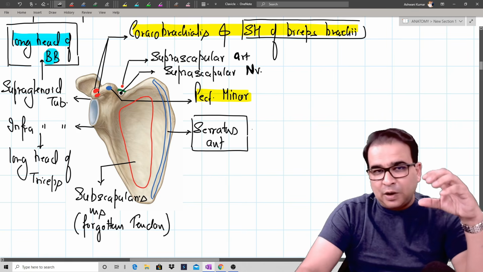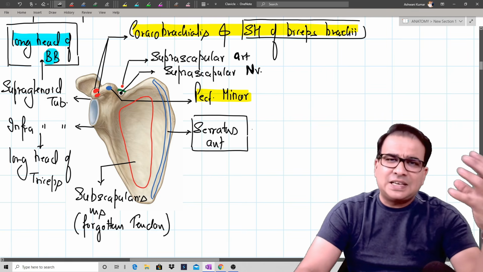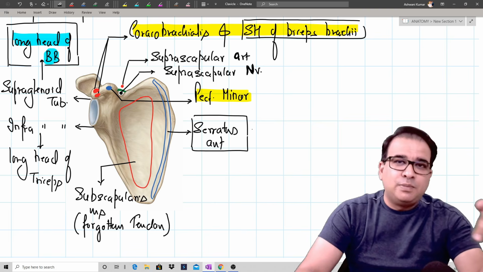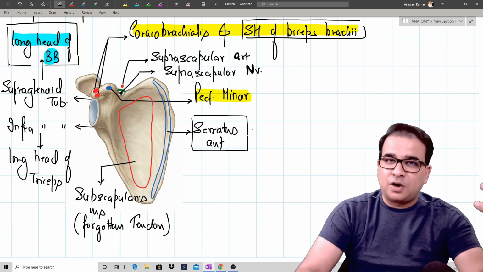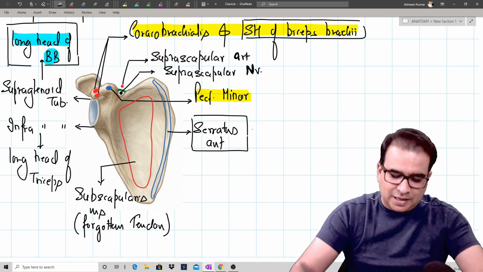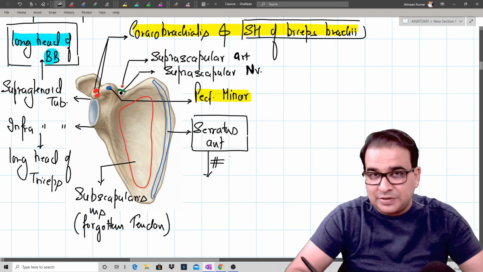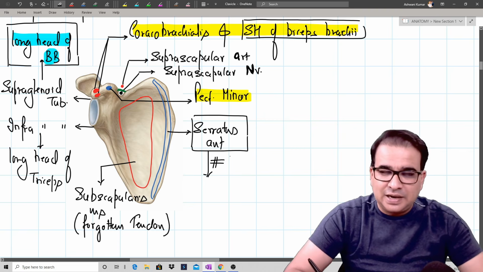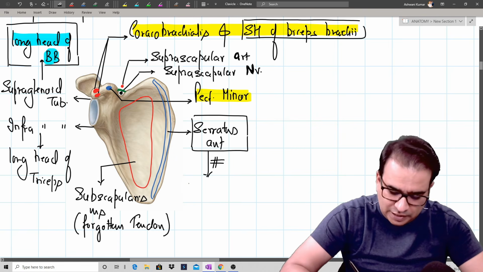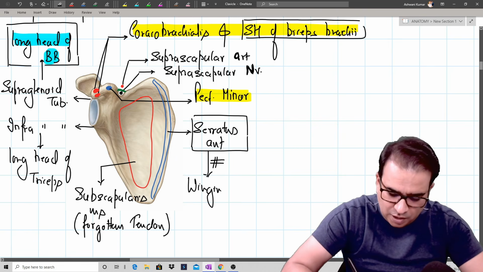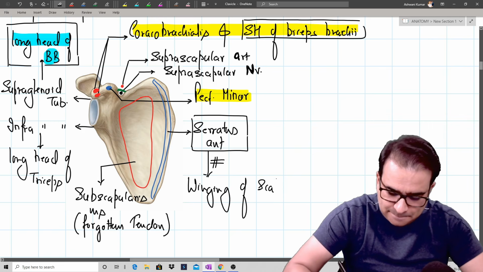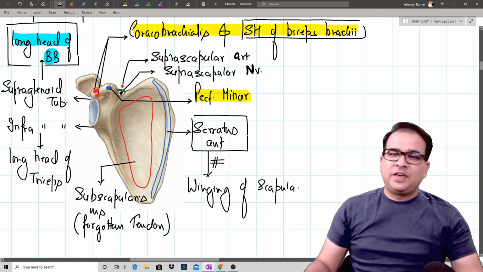Because the serratus anterior has such an extensive insertion along the medial border of the scapula, it keeps the medial border of the scapula intact with the thoracic cage. That's why any injury to the nerve supplying it, the long thoracic nerve, or any paralysis of the serratus anterior can cause winging of the scapula.